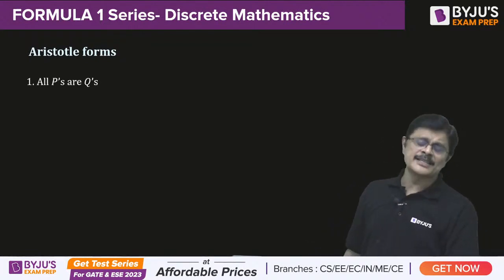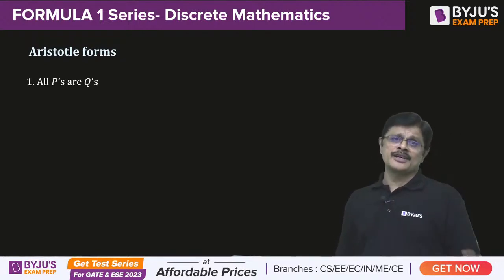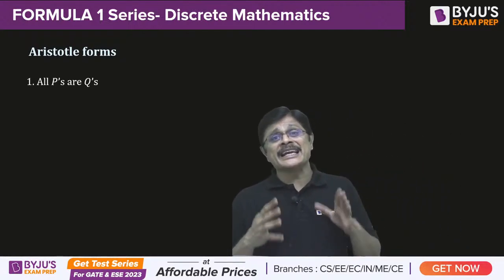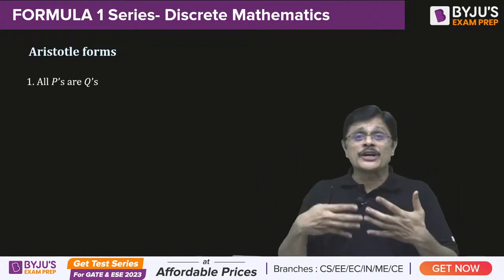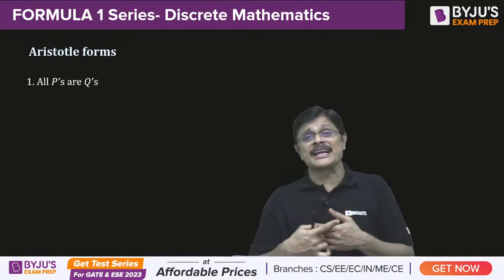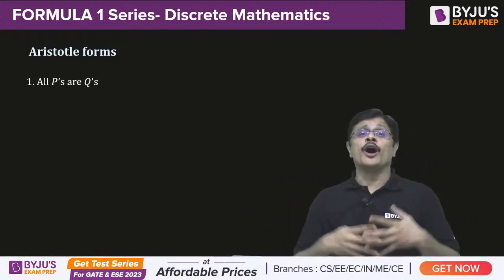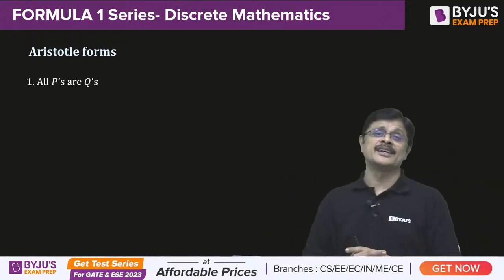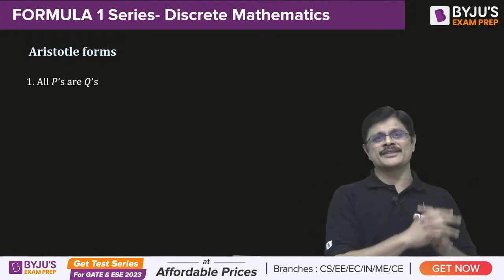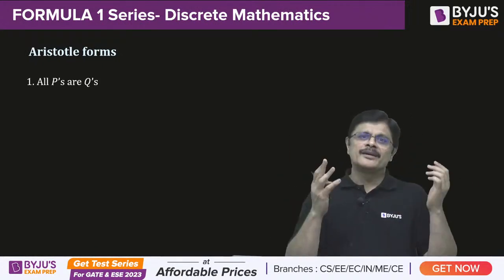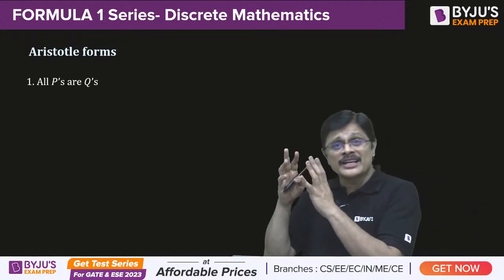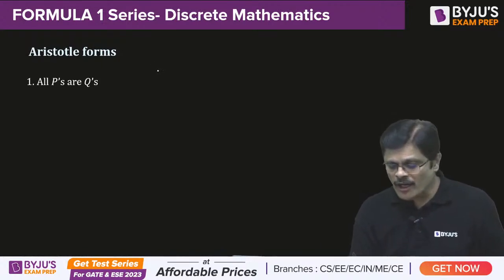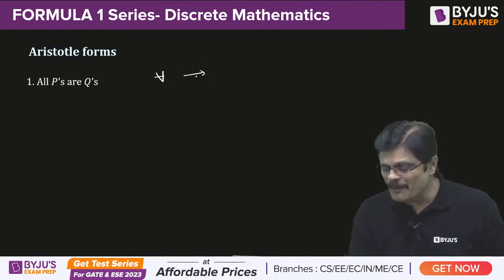The first one is all P's are Q's. Whenever your statement is given in this particular sense, like all birds can fly, all my students are intelligent, all students go to movies, all students jump, for all will be followed by implication.